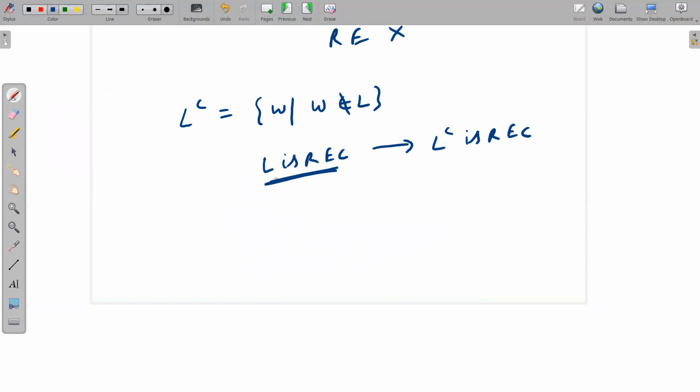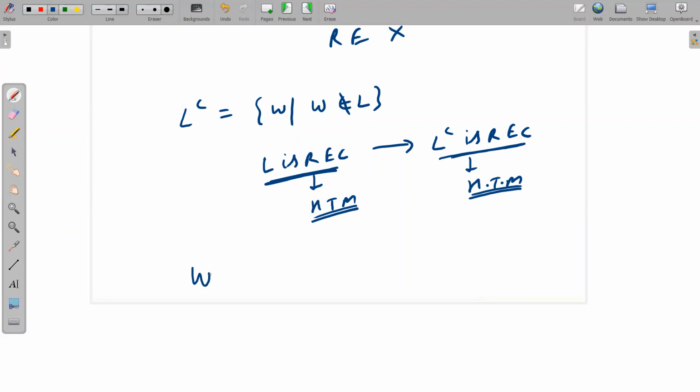I am claiming that if L is REC, then L complement is REC. If L is REC, then for L we should have a halting Turing machine. Now I want to claim that if for L we have a halting Turing machine, then for L complement we should also have a halting Turing machine. So let me build an intuitive idea.